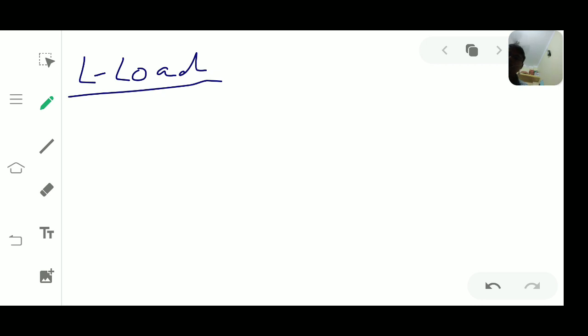We will follow the same steps. First we will draw the reference, that is flux. This is flux phi.